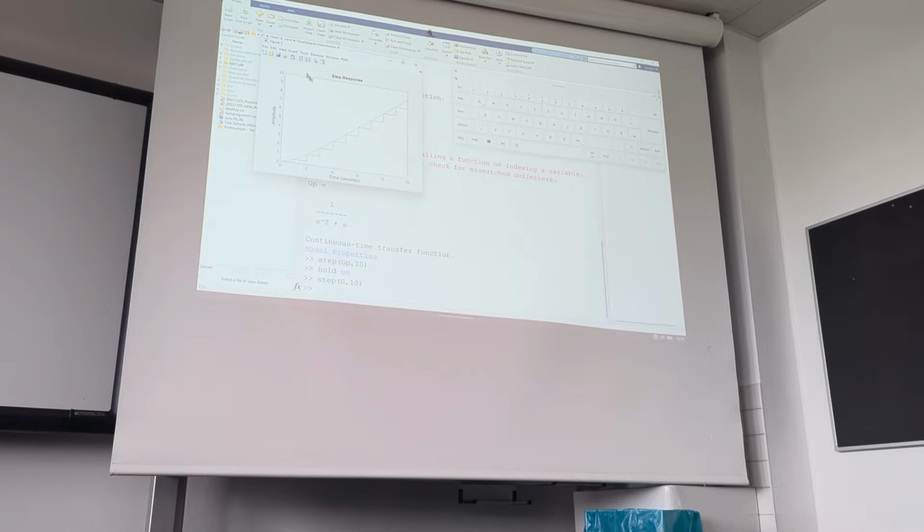Now we can also calculate the impulse response. So for example, let's close this figure here and plot the impulse response using the command impulse G, also for, let's say, 10 seconds.